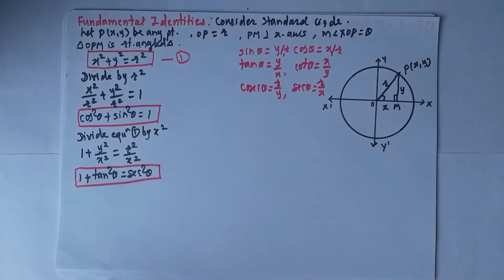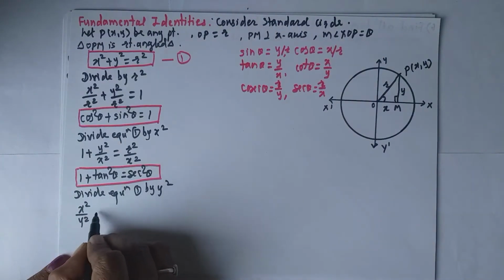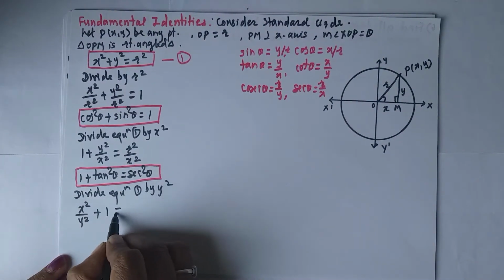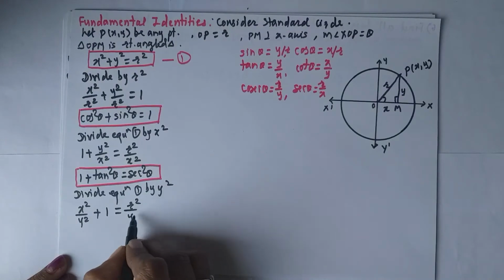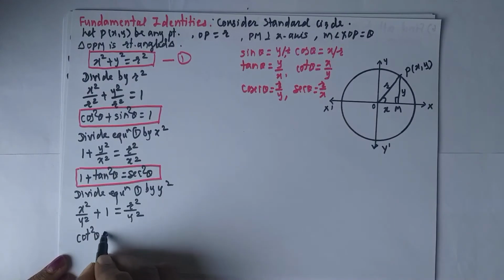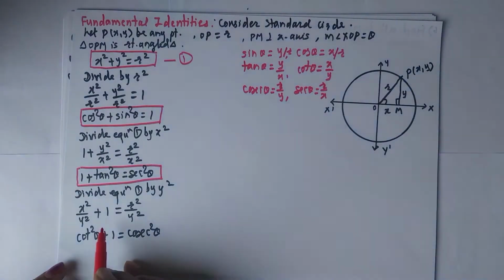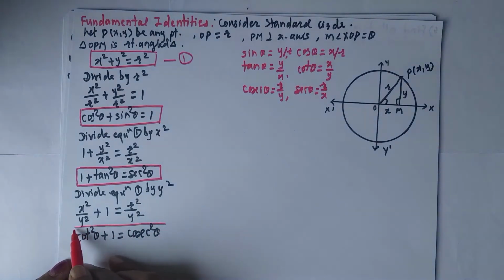Then divide the equation by y square. We will get x square divided by y square plus 1 is equal to r square divided by y square. What is x by y? That is cot. Therefore, cot square theta plus 1 is equal to cosec square theta. In this way, we have got the third identity.